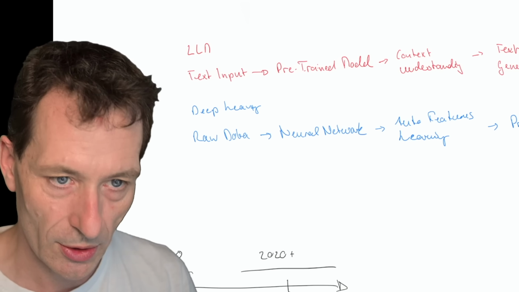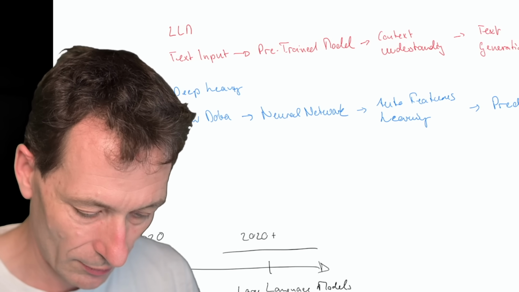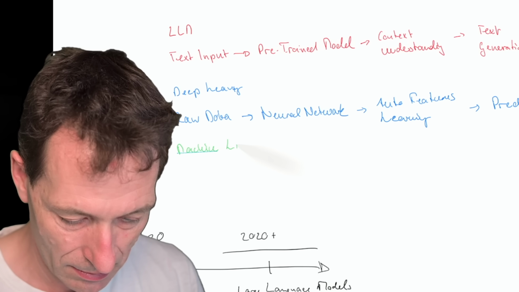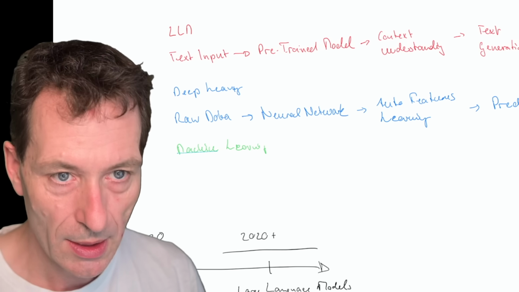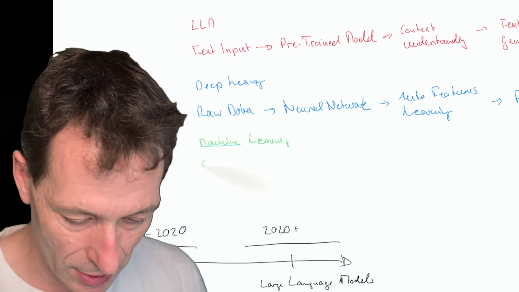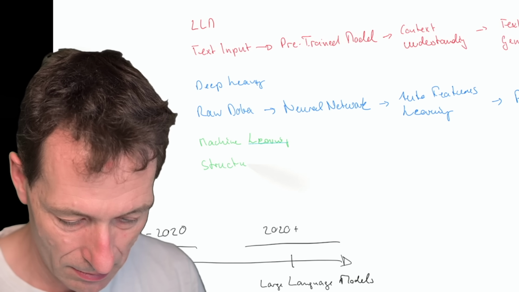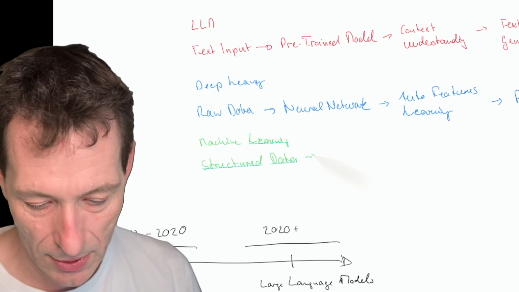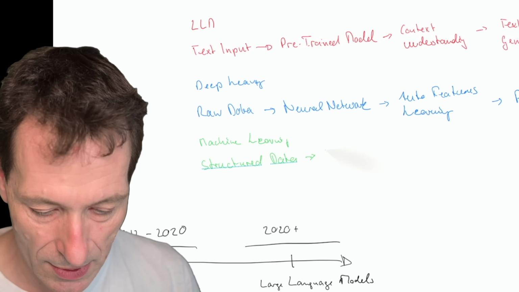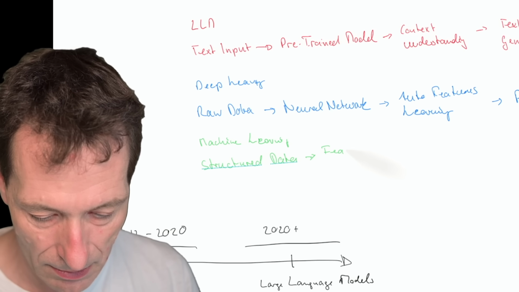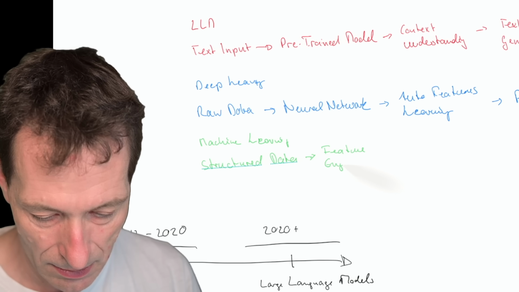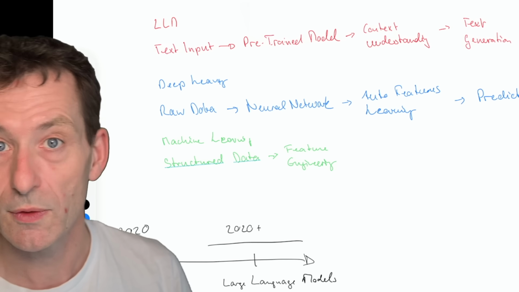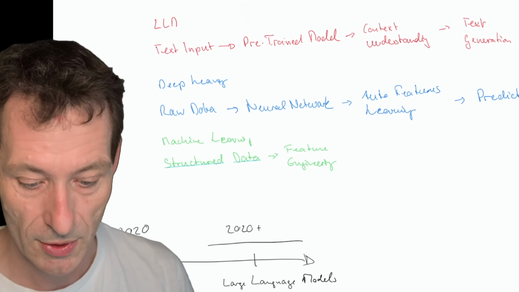For machine learning, it's again very different. Machine learning means you put in some structured data, not raw data, structured data. This leads to some feature engineering. So you engineer the features out of that, the specific and important properties.